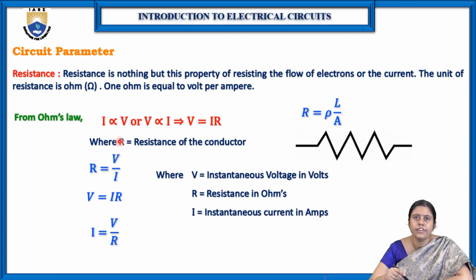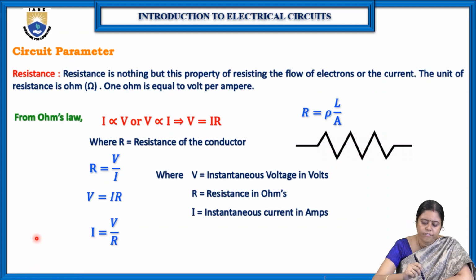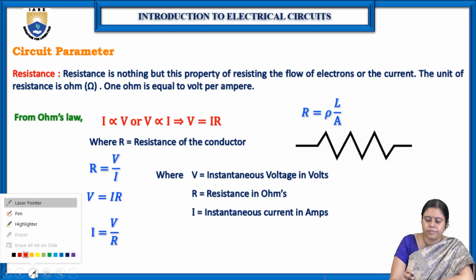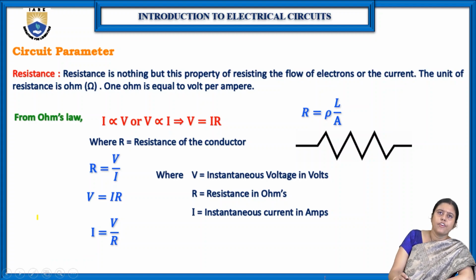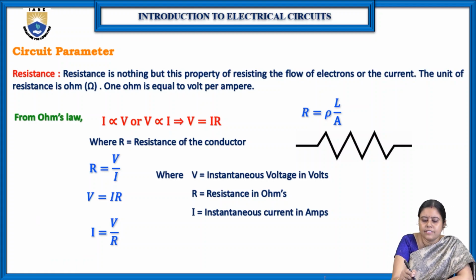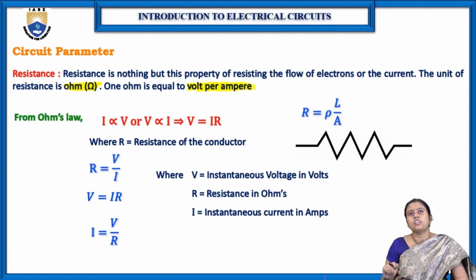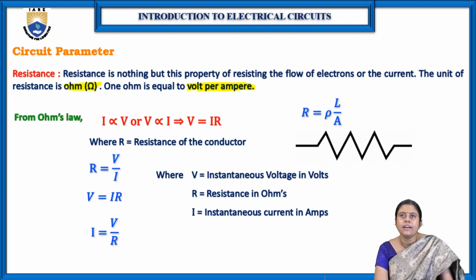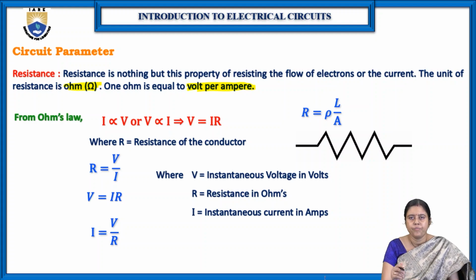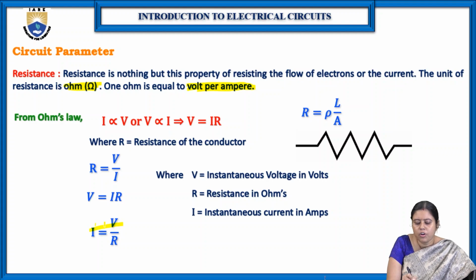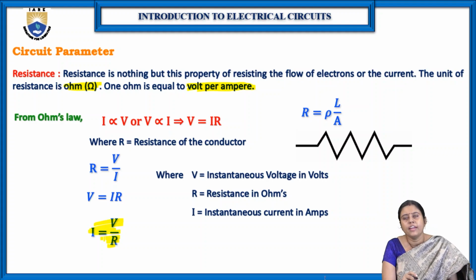R is equal to V by I. So we can write from here that the unit of resistance is ohm, and 1 ohm equals the unit of voltage, volt per ampere. Volt per ampere, V by I, is the unit of resistance. So we got the equation I is equal to V by R.